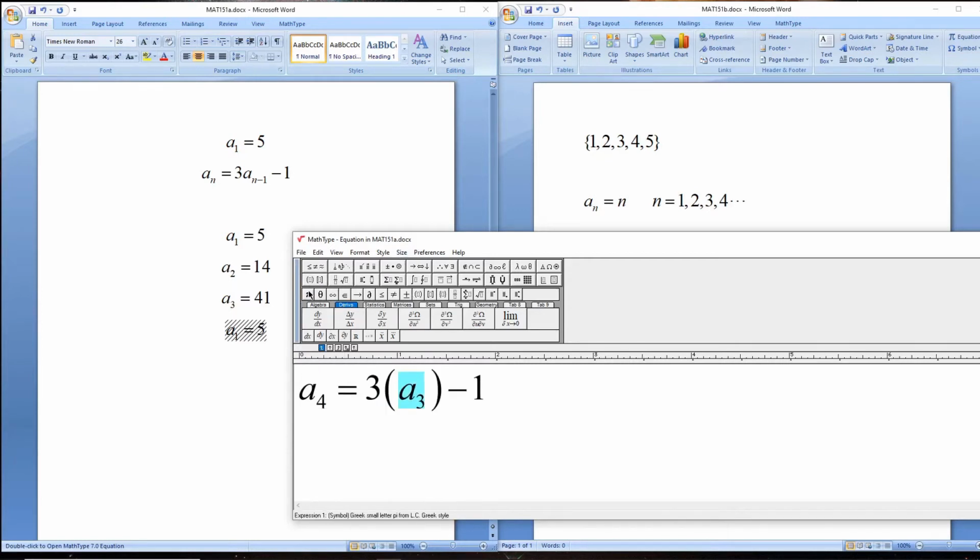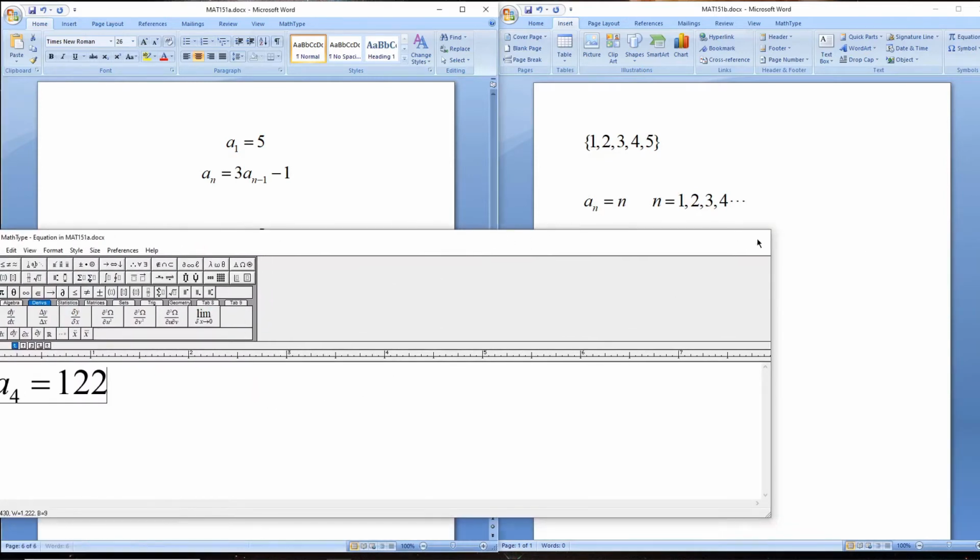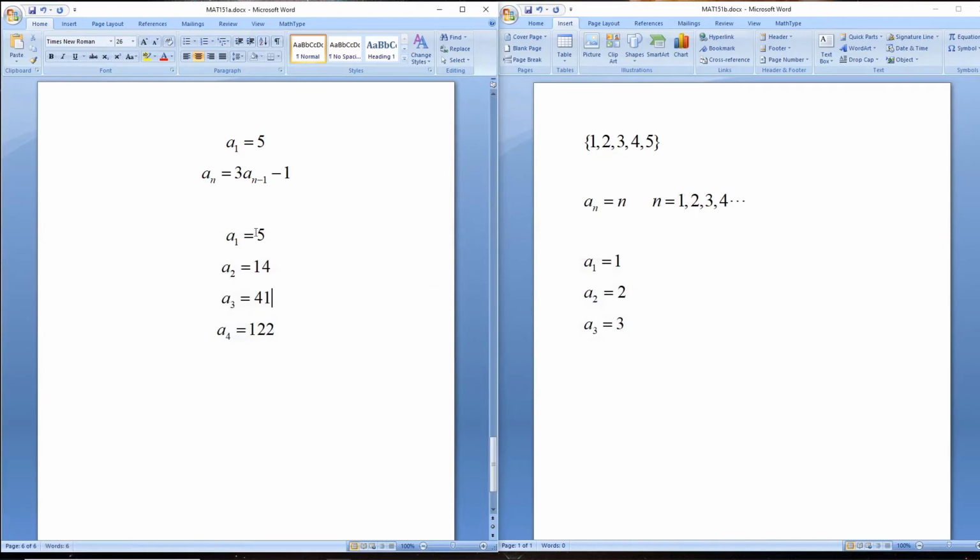We just figured out that's 41. So now we're going to have 123 minus 1 to get us then 122. And then those are the first 4 numbers of this recursive relationship.